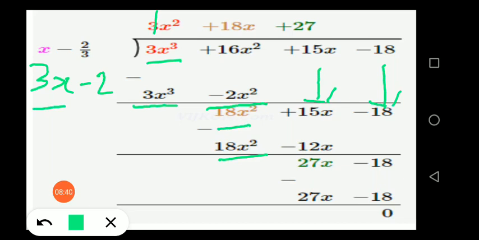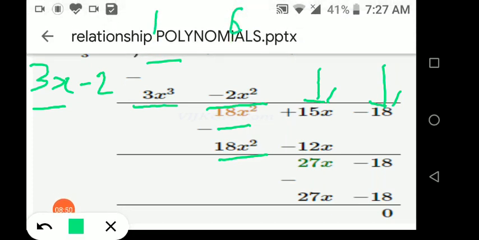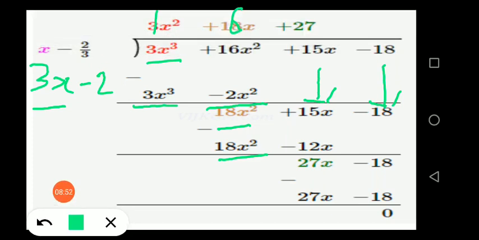What will be the quotient second term? Yes, 6x. So on multiplication, 6x by 3x minus 2 will give 18x square minus 12x.